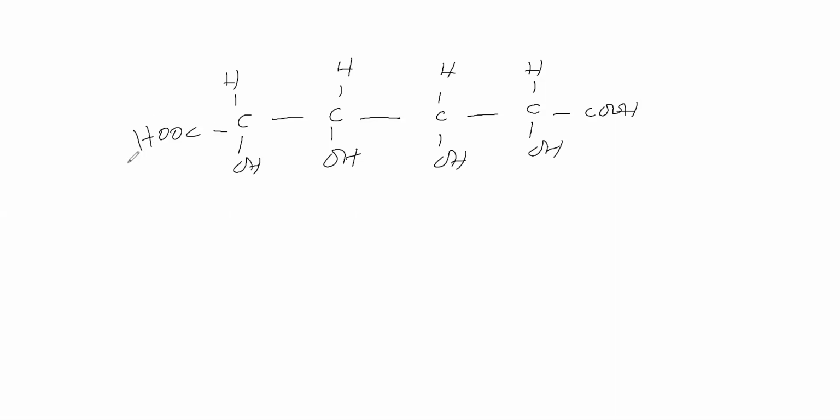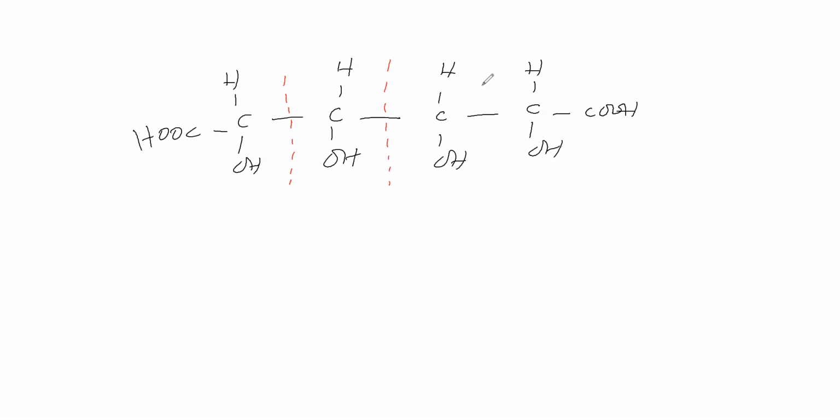Now we will see periodic oxidation. Periodic acid we will give. This carbon is having an OH group, this carbon is having an OH group, a vicinal diol, therefore this C-C bond will break. Here also this carbon has an OH group, and this carbon has an OH group, therefore this C-C bond is breaking.